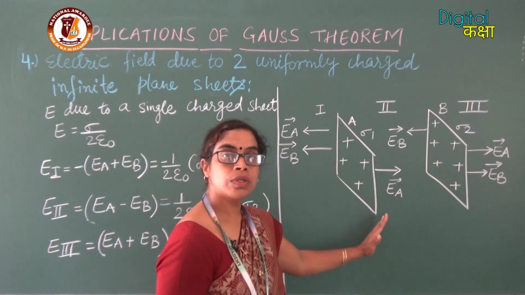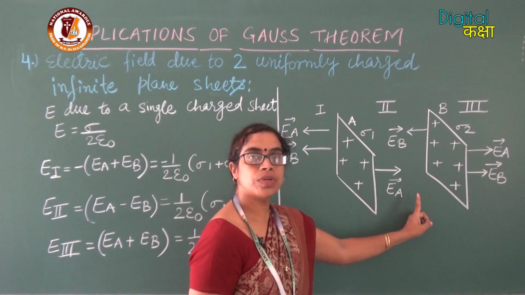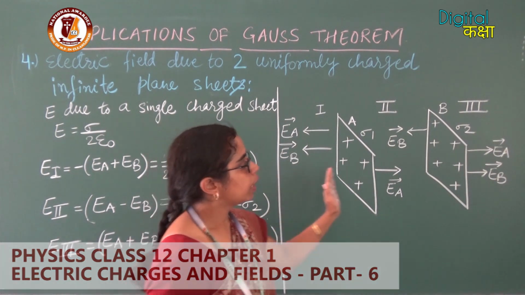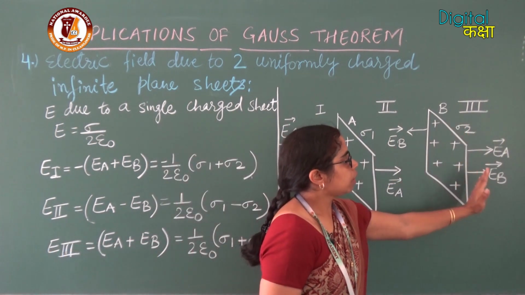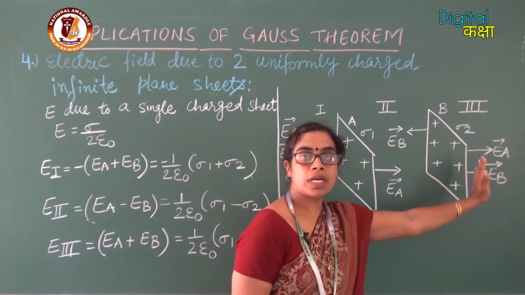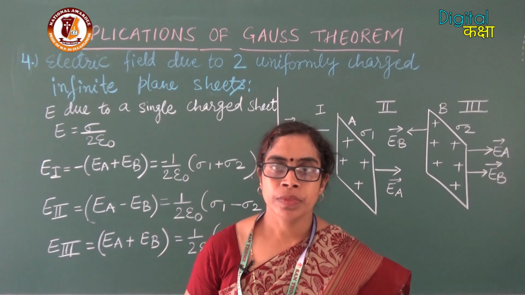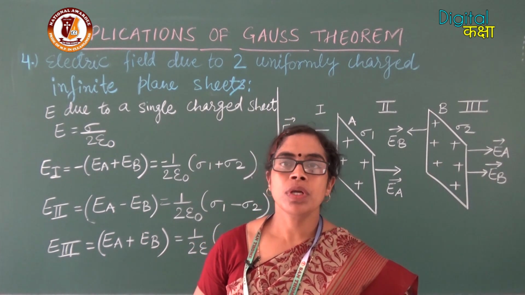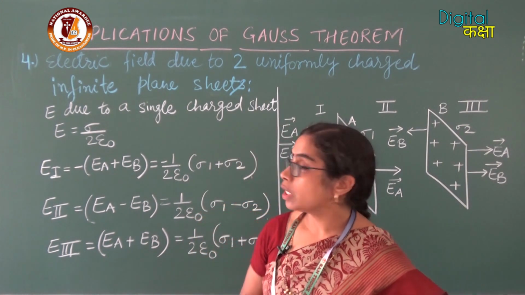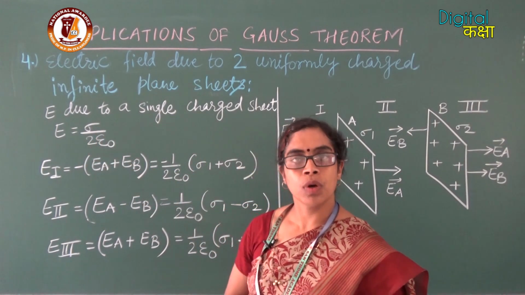Coming to region 2, in this region the direction of electric field due to sheet A will be towards the right, and due to sheet B, it will be towards the left. In the third region, the directions of electric fields EA and EB will be towards the right side. Now, using the applications of Gauss theorem, we already know that the formula for electric field due to a single infinitely long charged sheet is given by E is equal to sigma upon 2 epsilon naught.